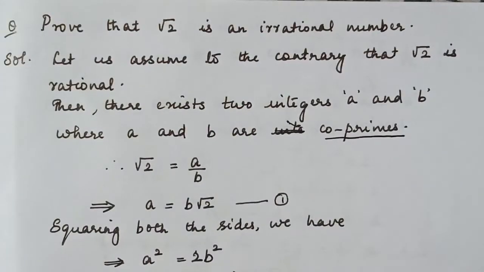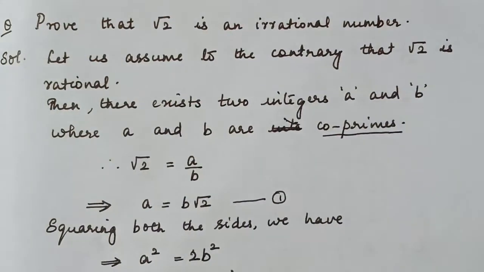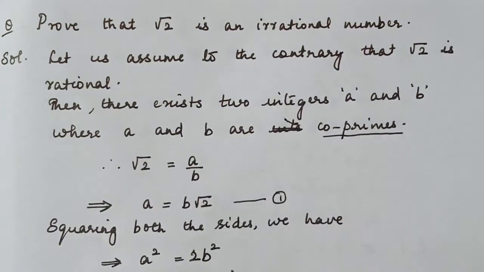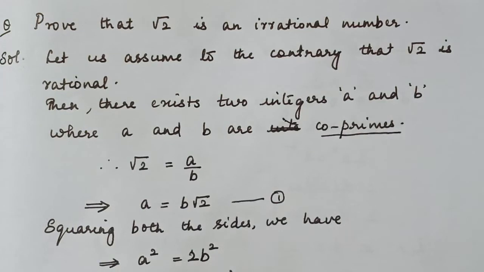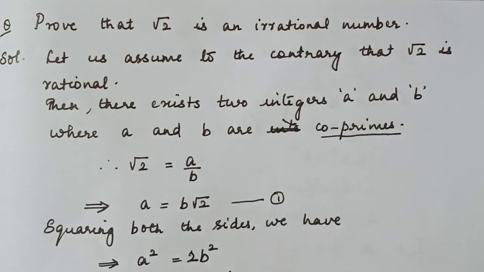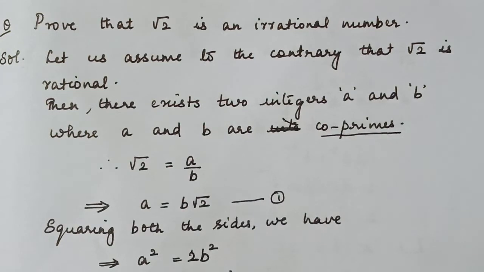So what do we mean by co-prime? Two numbers are co-primes if their HCF is 1.